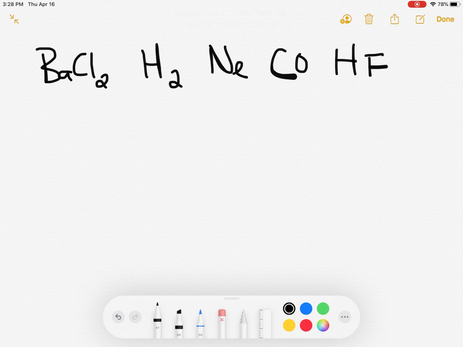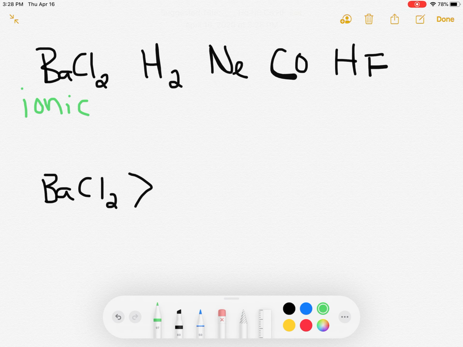Okay, so BaCl2 is kind of tricky. It's ionic, so it's going to have intramolecular forces. So this one's going to be the strongest. That one was a little tricky. Next we're going to look at what type of intermolecular forces these others have. We're going to look at the size of them, so we'll start with that.